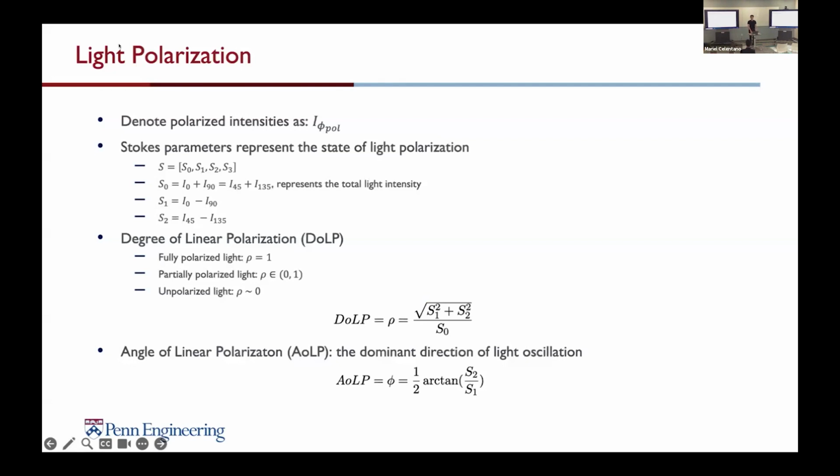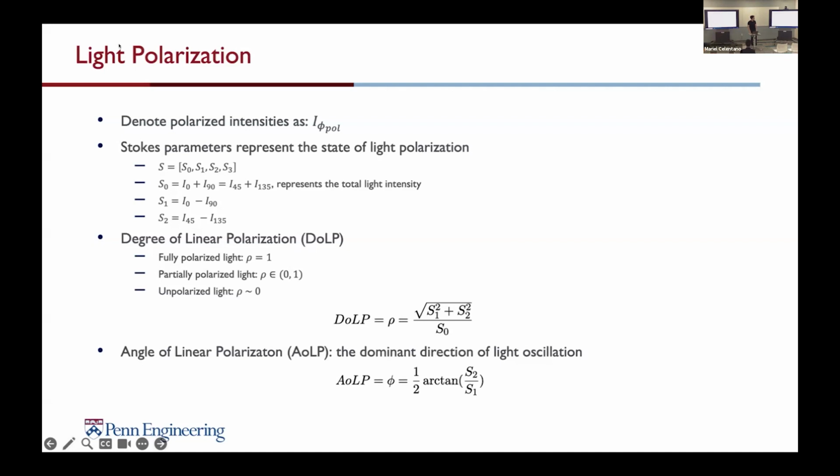As mentioned before, after passing through a linear polarizer, the light will be polarized. We write down the polarized intensity as I phi pol, where phi pol represents the angle of the polarizer. If we have access to 4 different polarized intensities at 4 different angles, I0, I45, I90, and I135, we can write down the Stokes parameters, which are one of the common variables used to represent the polarization state.